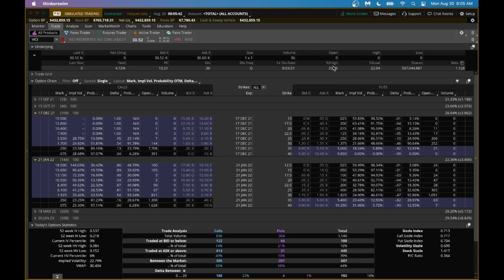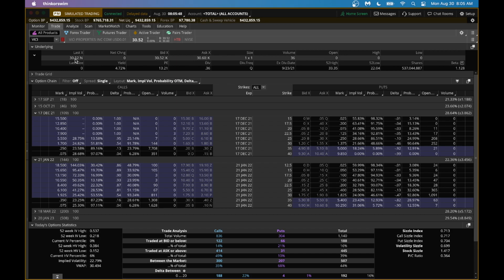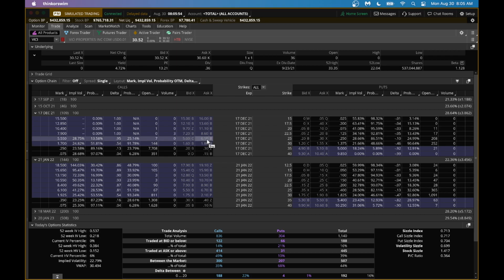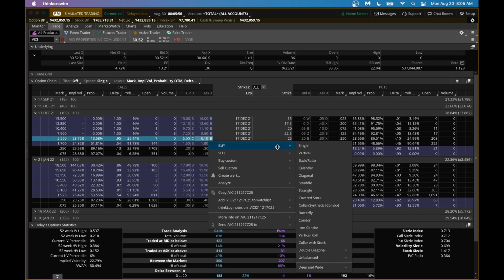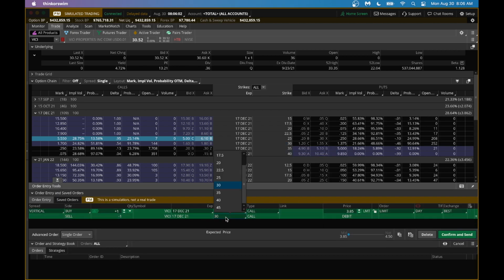So you could buy stock outright here, or you could buy some options too. If you want to buy options, stock being at 30, you could buy a 25-35 spread here, a $10 wide spread. There you go. So you're paying $5.30 here, and the remaining $4.70 is your profit potential.